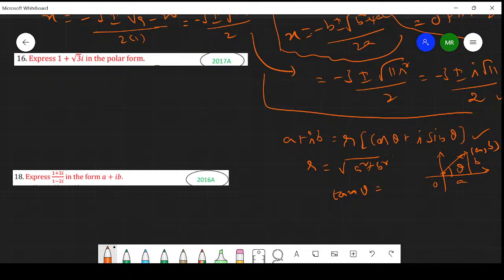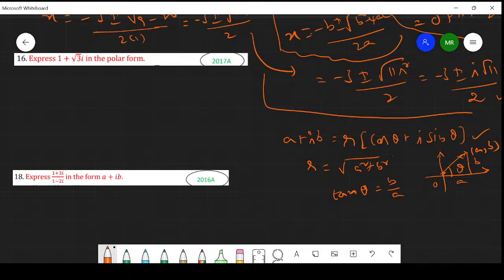We can write tan theta equals b by a, and using this we find theta. When the complex number is in the first quadrant, always tan theta equals b by a.